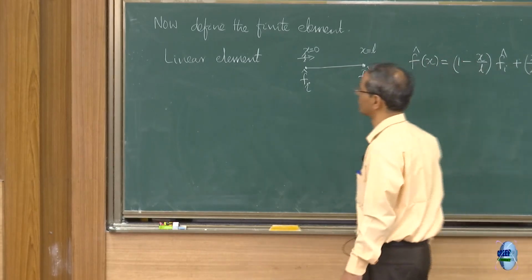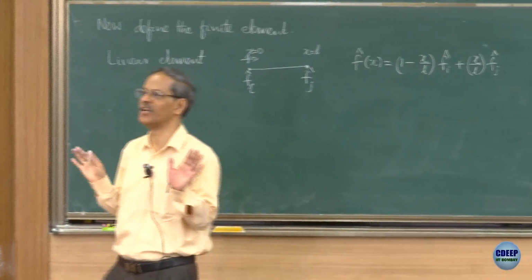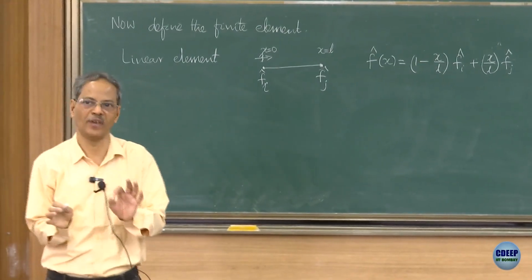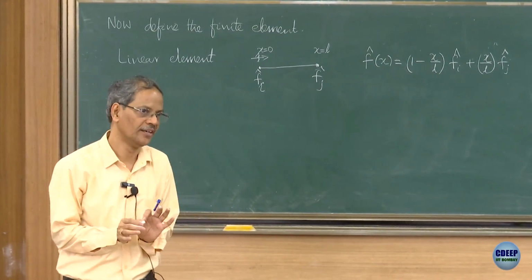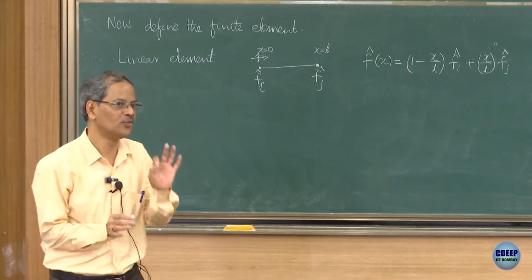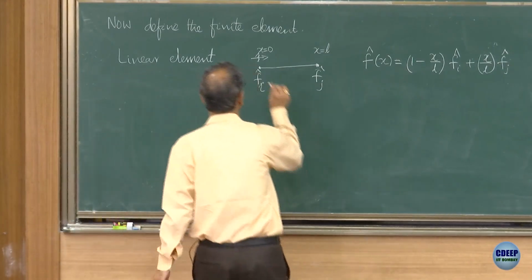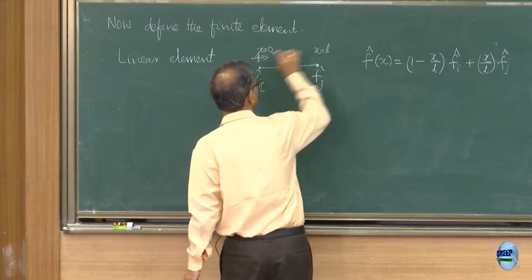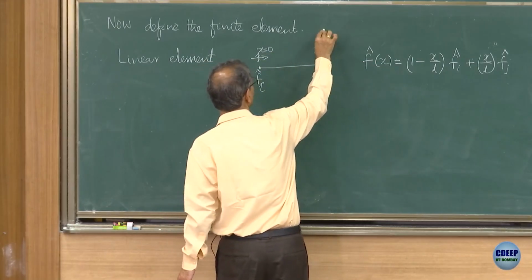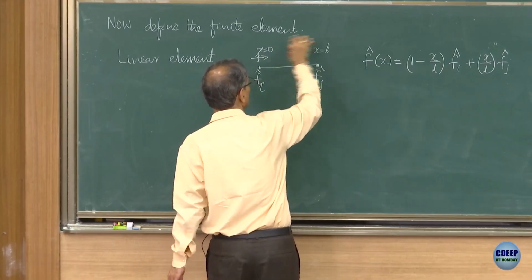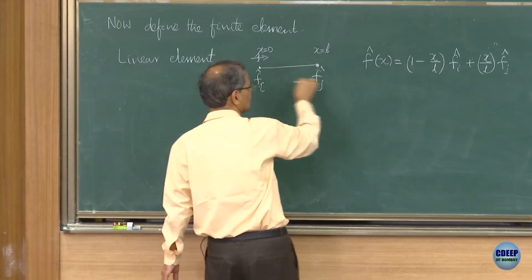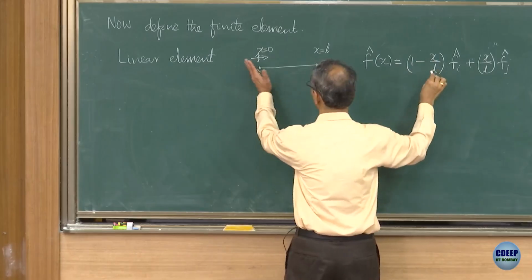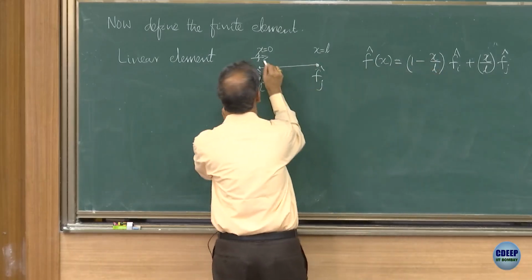This is what we discussed in the previous class. That is our linear element. So the function value at any point in between is interpolated from the values of the function at the nodes. There are only two nodes, so you can only interpolate linearly between the two values fi and fj. So I am going to interpolate it by a rule of mixtures as 1 minus x by L at any location x.